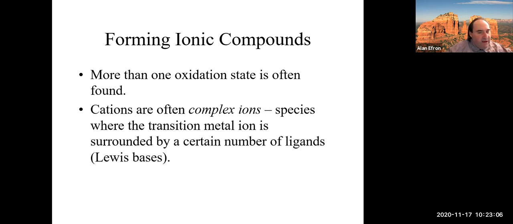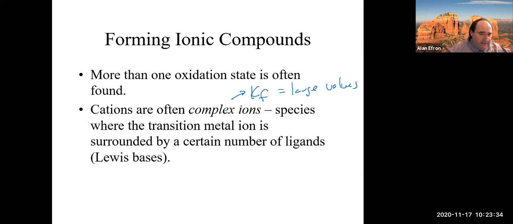In addition, we oftentimes will see transition metals end up in what are referred to as complex ions. We talked a little bit about complex ions in chapter 16, I believe, or not 15, sorry, when we talked about Kf. Remember that what we saw with Kf was that these are typically very large values.